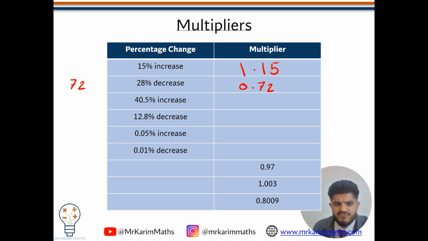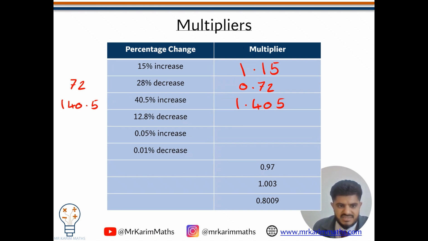A 40.5% increase. Add that to 100, I get 140.5. Once I've got that number, I simply divide by 100, which will be 1.405.